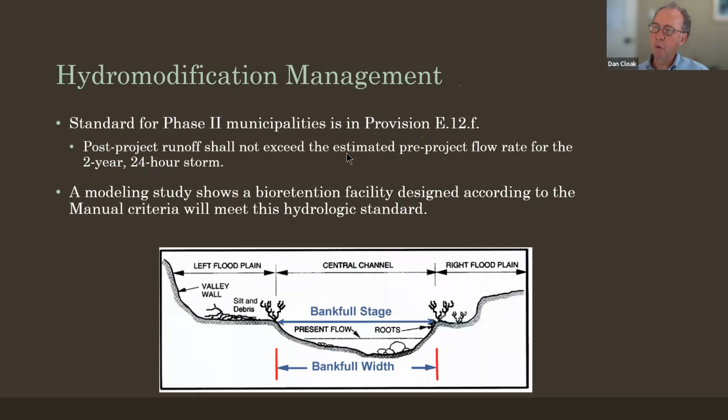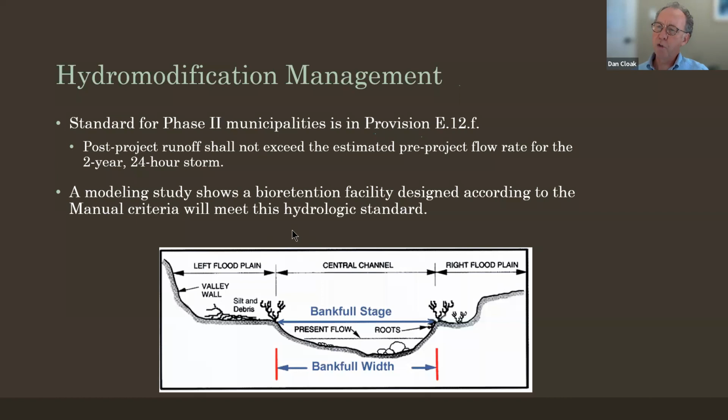So this is not the greatest standard, but it's the standard that we deal with, and that actually gives us a little bit of an advantage. Some years ago, McStop engaged Dubin Consulting to prepare a modeling study showing that the bioretention facility that we have in the manual, if it's designed and built according to those criteria, will achieve this: the post-project runoff will not exceed the estimated pre-project flow rate for that size storm.